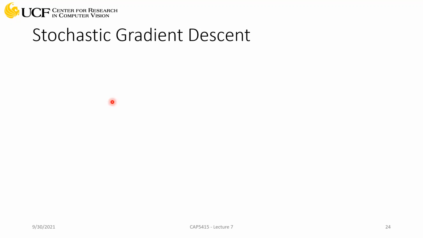So Tuesday we were talking about how we can train a neural network in general, like a convolutional neural network, and then we talked about how we need a loss function and then an optimization algorithm where we used gradient descent, and then we were talking about stochastic gradient descent.